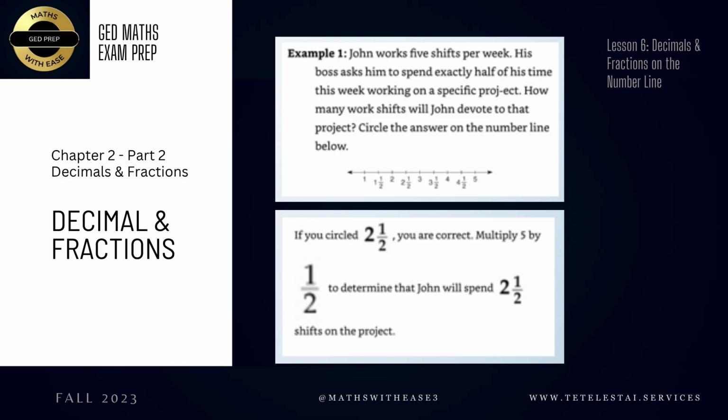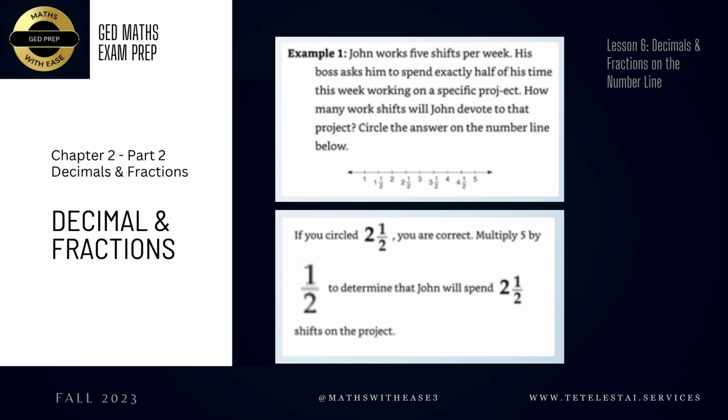So 5 times 1/2: you would write 5 in its fractional form, 5/1 times 1/2, and then multiply across. 5 times 1 is 5, 1 times 2 is 2, so you would have 5/2.